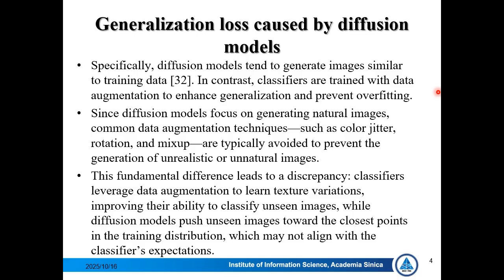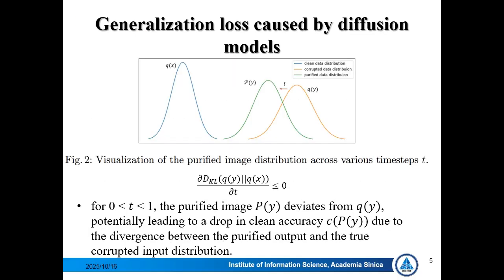This fundamental difference leads to a discrepancy. Classifiers leverage data augmentation to learn texture variation, improving their ability to classify unseen images, while diffusion models push unseen images toward the closest point in the training distribution, which may not align with the classifier's expectation.